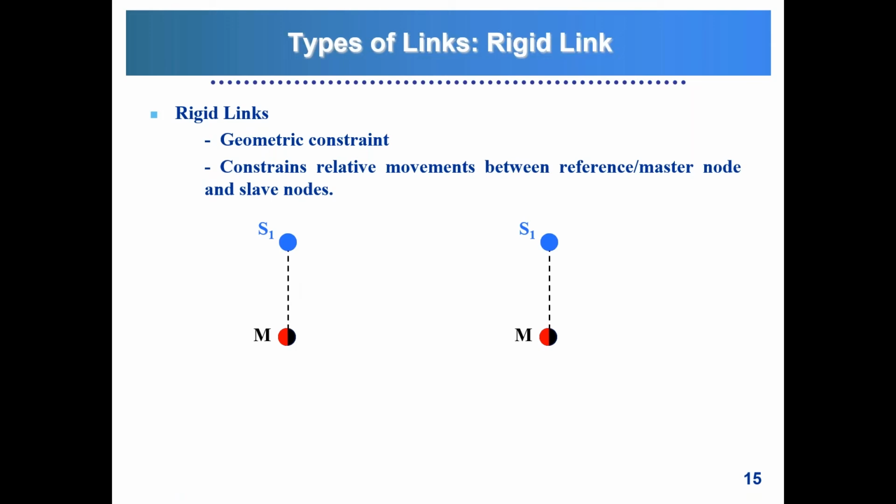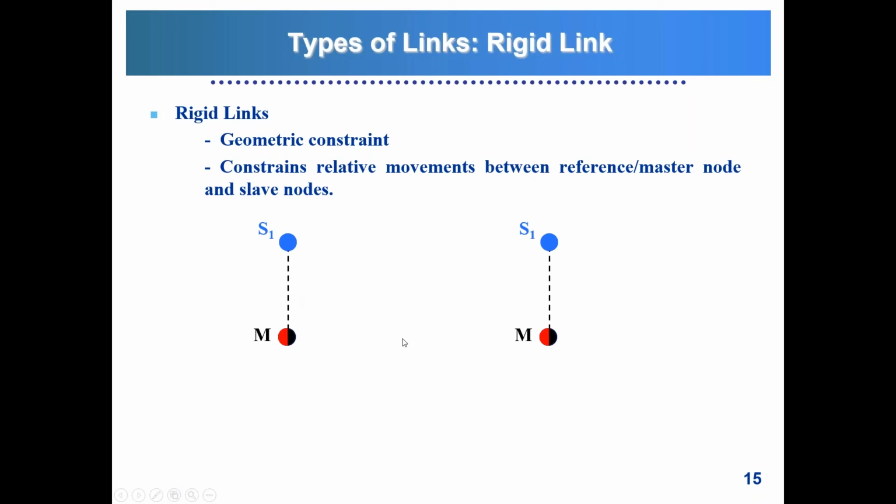And another main difference between rigid links and elastic links is that with rigid links you can link more than 2 nodes. So the way it works is you have to define a master node, then you define one or more slave nodes. And again, the distance between those two is kept constant throughout the analysis.